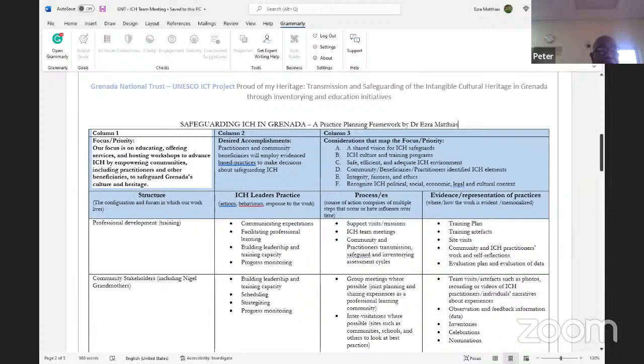And we have columns and we have rows. And we have here, what is the focus in terms of the priority, the desired accomplishments, the considerations. And we see as well headings like structure, the ICH leaders, practice, process, and some of the evidence.